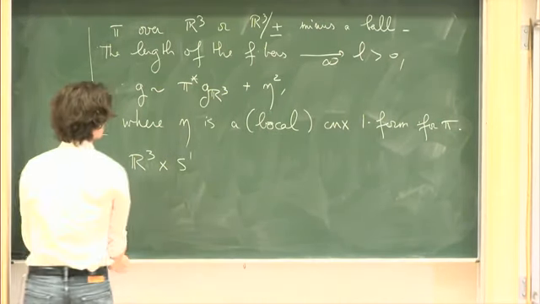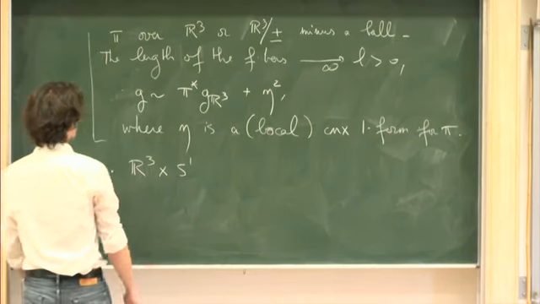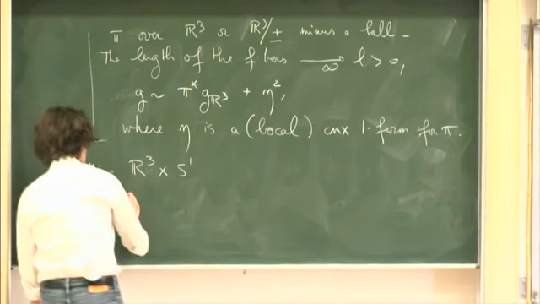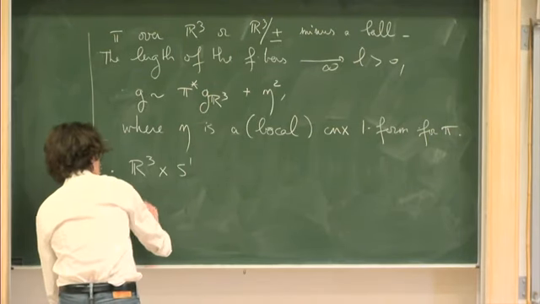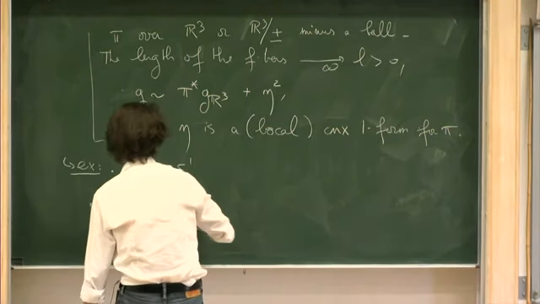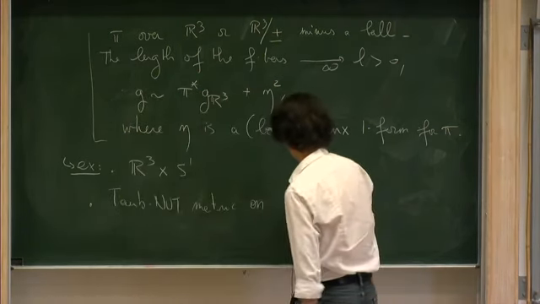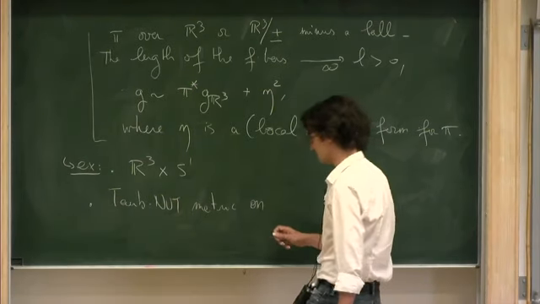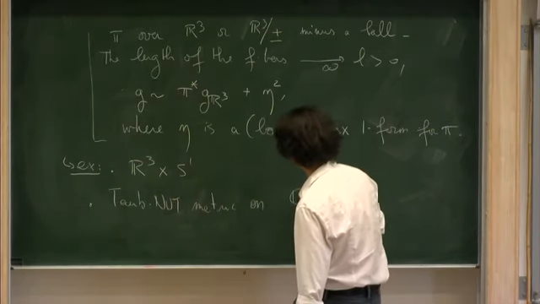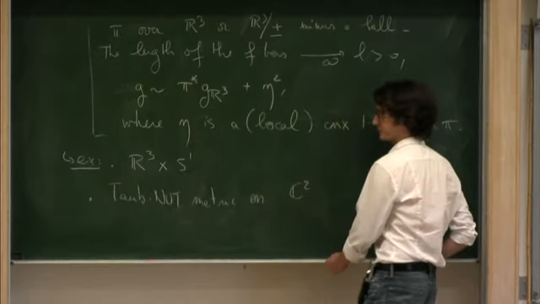But you have something probably a bit more interesting, which is the Taub-NUT metric on R4, which I will see as C2 in the following.